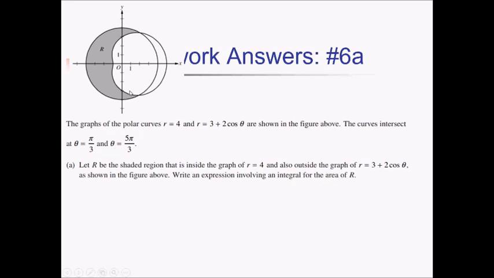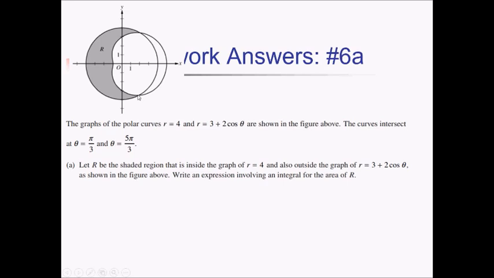So my basic strategy here, we basically want to take the circle, the r equals 4, from this spot right here, this pi over 3 angle, all the way down here to 5 pi over 3. We want to take that and just subtract the cardioid on the same interval. So I have all of these distance strips from here to here for the circle, and I just want to chop out the little radius strips along the cardioid for that.